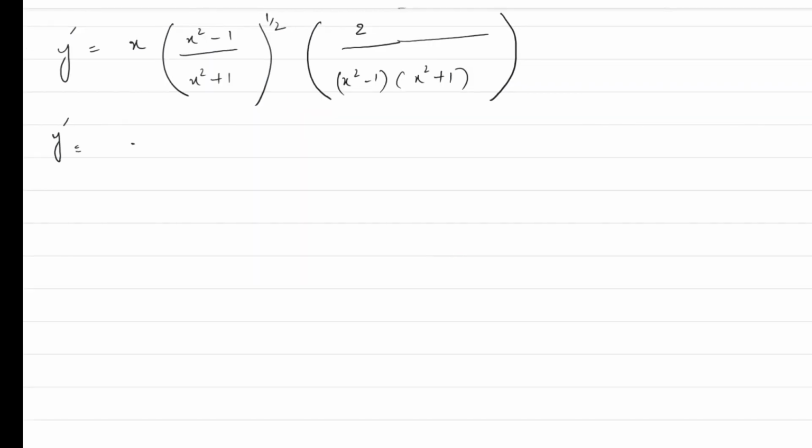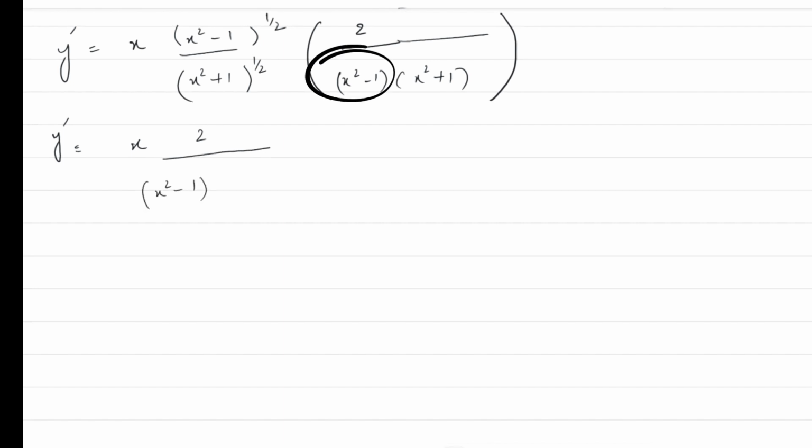and y dash is equal to x into, here this can be written as 1 upon 2, and this can also be written 1 upon 2 separately. 2 by x square minus 1 raised to the power, its power is 1, and if we take this power in the denominator, it will be minus 1 upon 2.